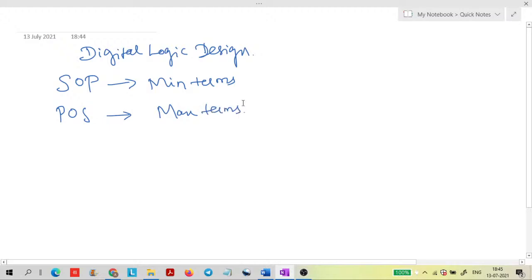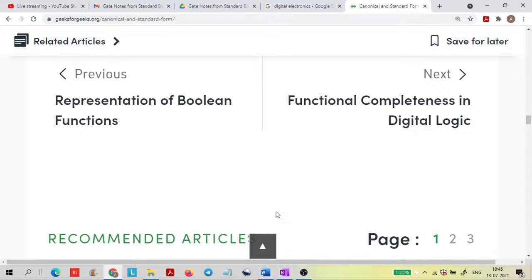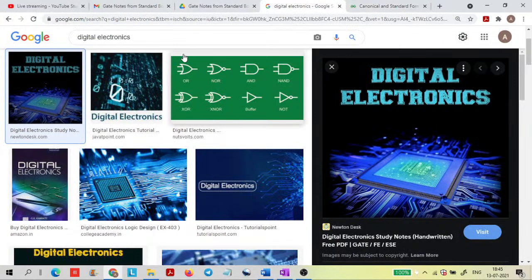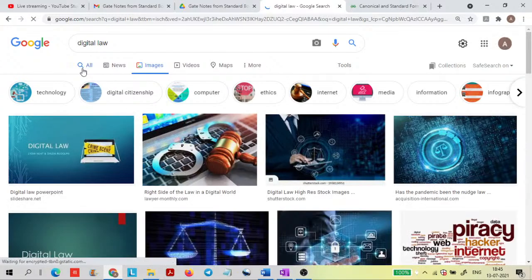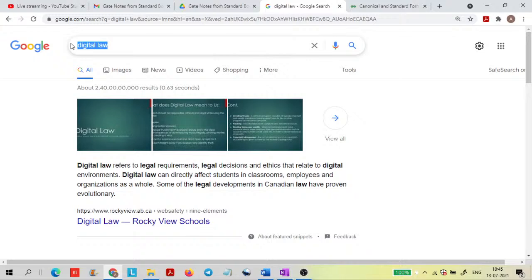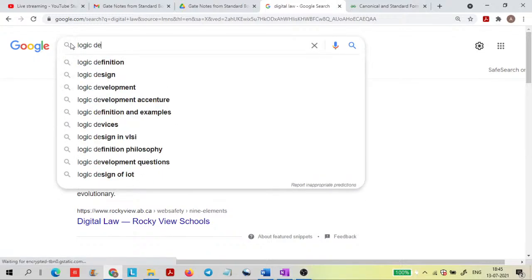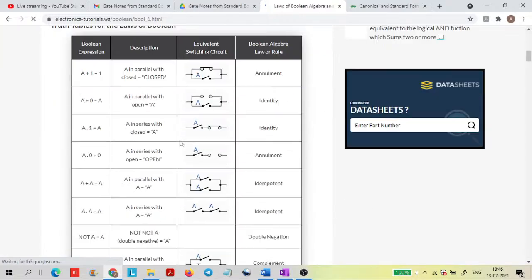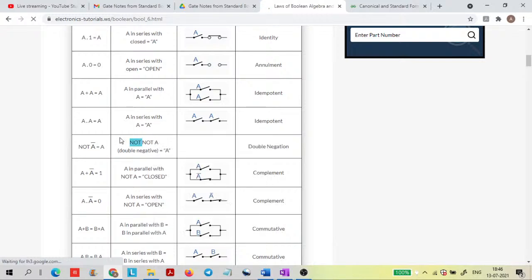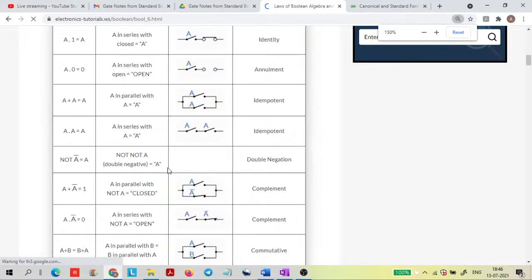You should also know some distributive laws and De Morgan's theorem.